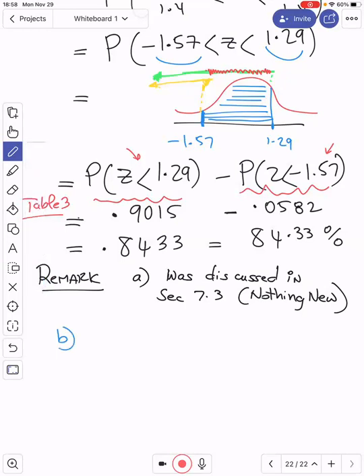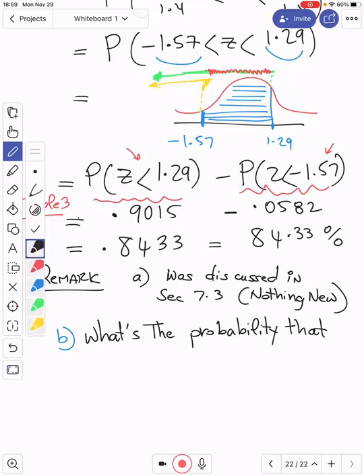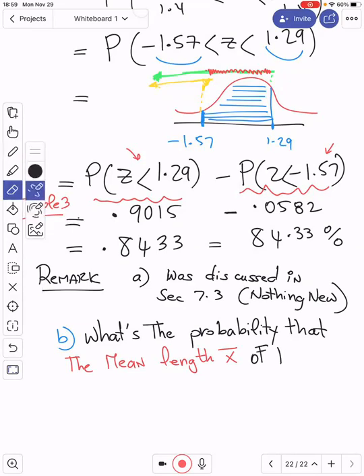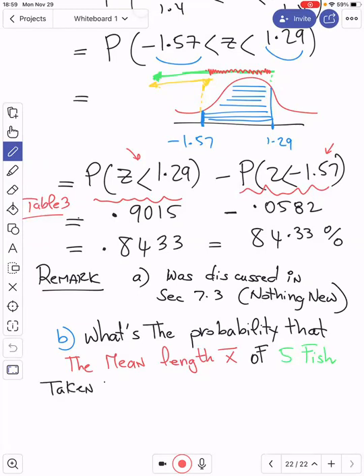So B, what's the probability that the mean length X bar of 5 fish, taken at random, of course, is between 8 to 12 inches long.